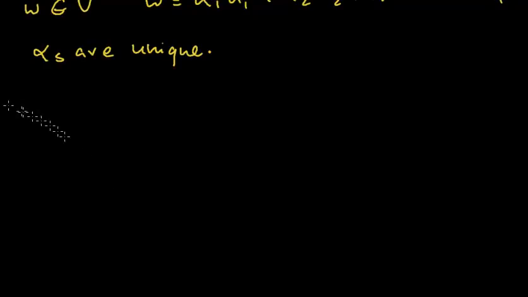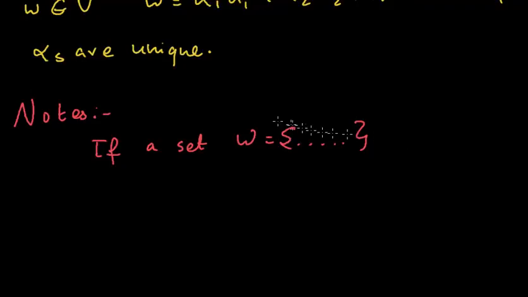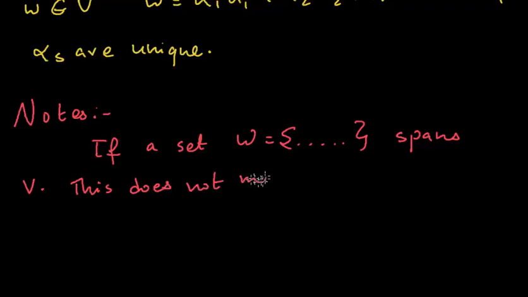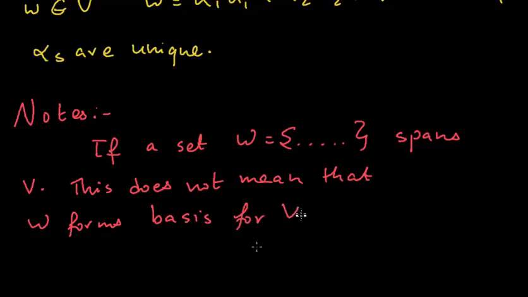So here are a few notes to make, because something could be misleading. If a set W spans V, this doesn't mean that the elements of W form a basis for V. The reason is we can't be sure that they are linearly independent.